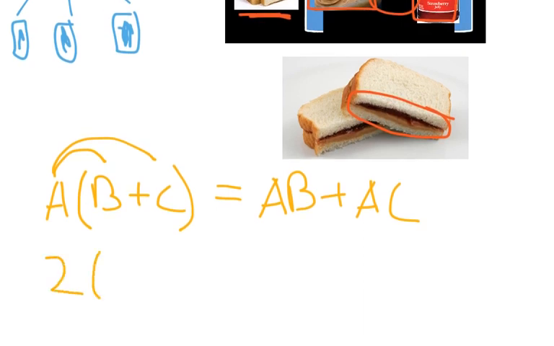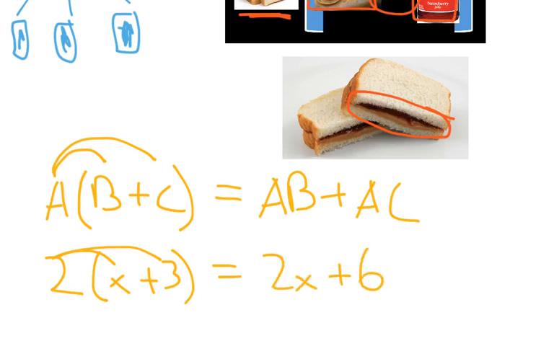So let's say we have 2 times (x plus 3), especially if we have a variable in the mix. We can distribute this 2 to both of those to get 2x plus 6. 2 times x, 2 times 3. And what this does is it gets rid of some parentheses for us. And so, depending on what we're doing in math, that might be a useful thing.